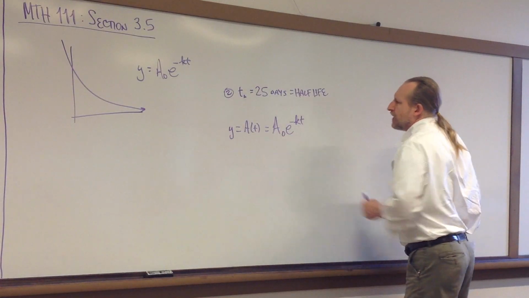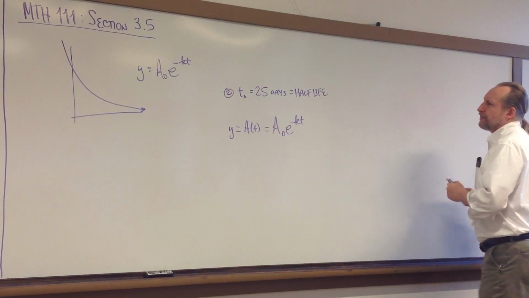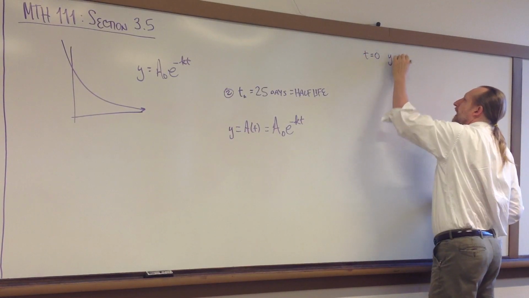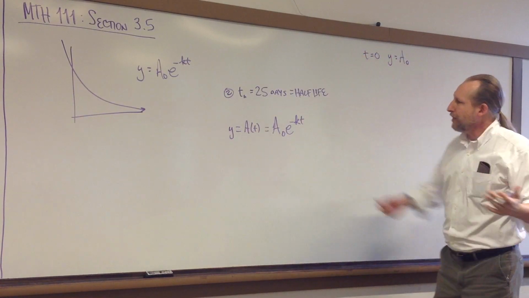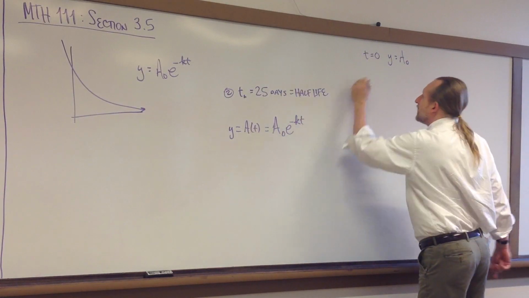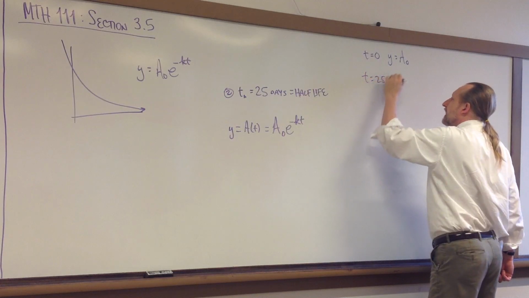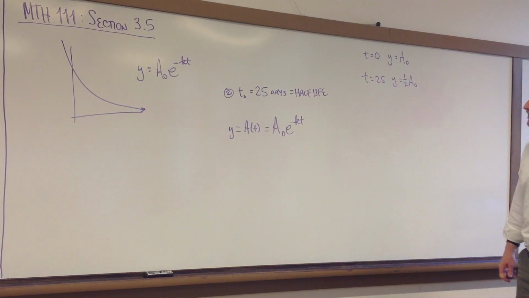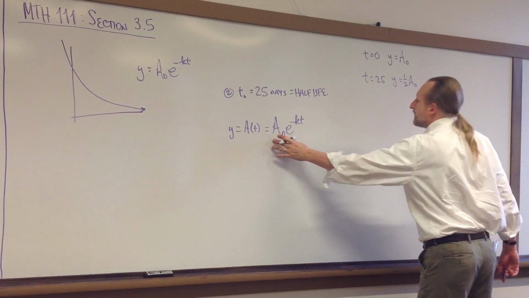But for starters, if we're talking about a half-life, we know at t equals 0, we're going to have a sub 0 amount of this thorium-234. This is telling us that after 25 days, we're going to have half of that. So we can use that to set up an equation.